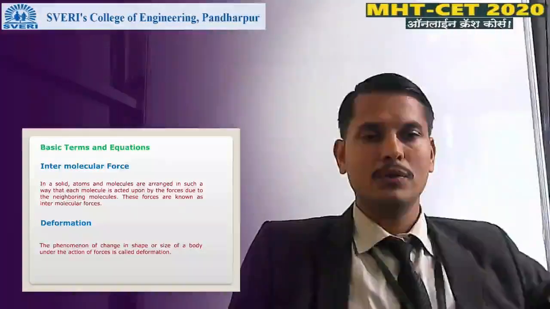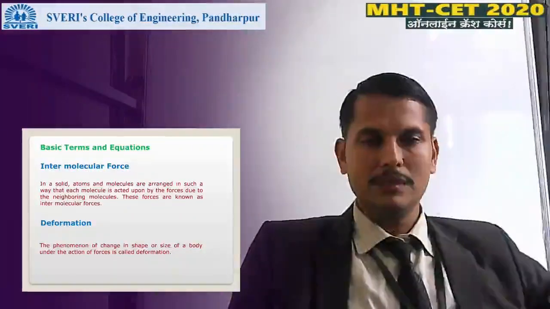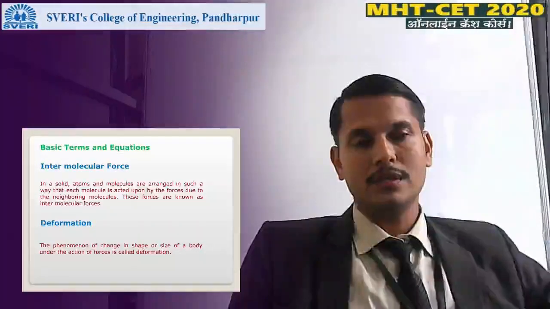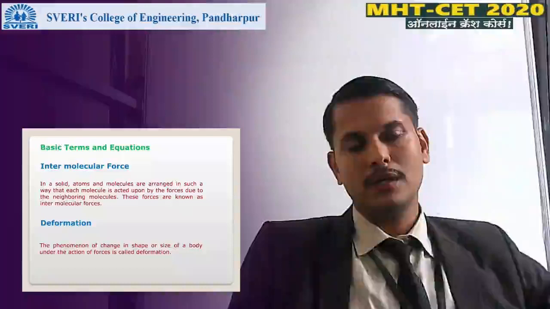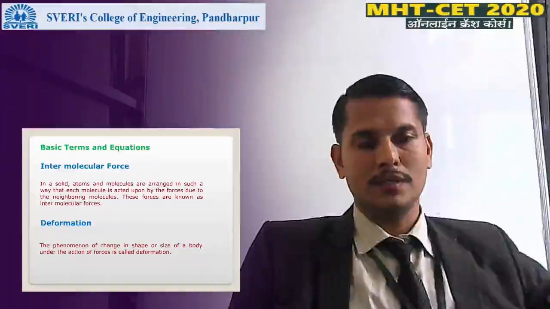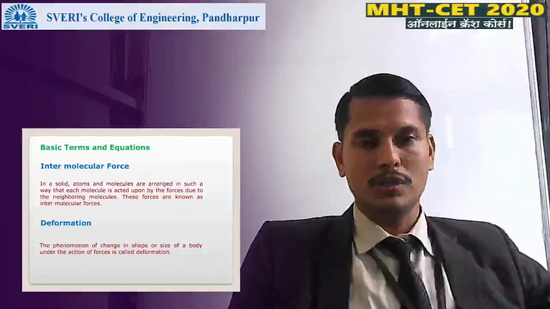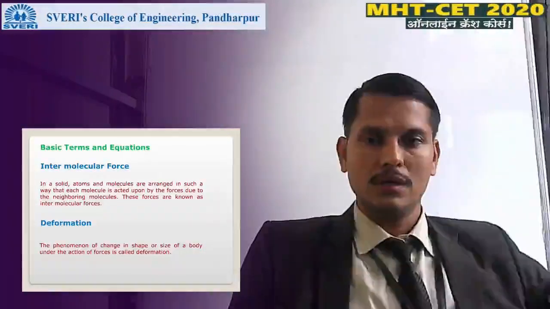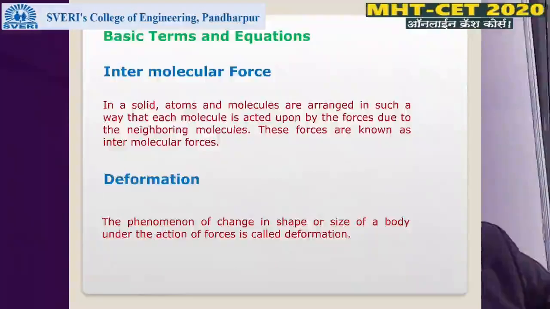If a particular body has the elasticity property, then how can we consider the terms related to it? And if it is plastic, meaning opposite to an elastic material, then we have to check how it differs from the elastic. So let us start with the basic term, that is intermolecular force.